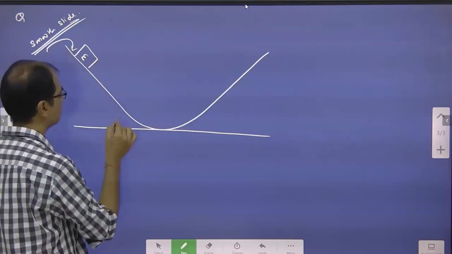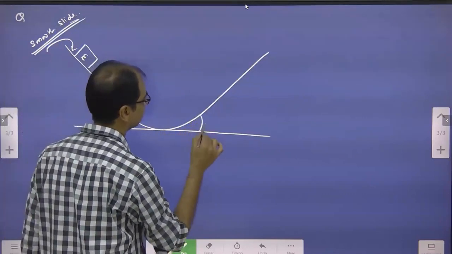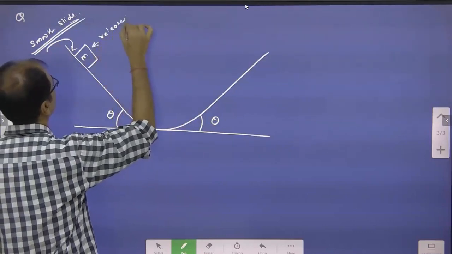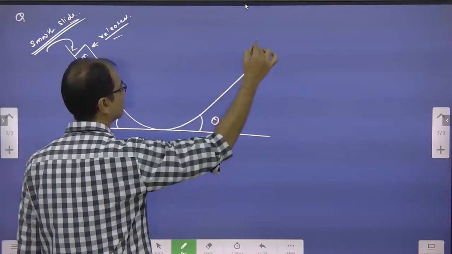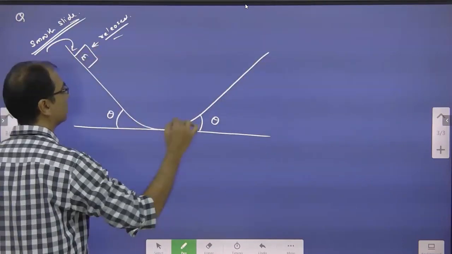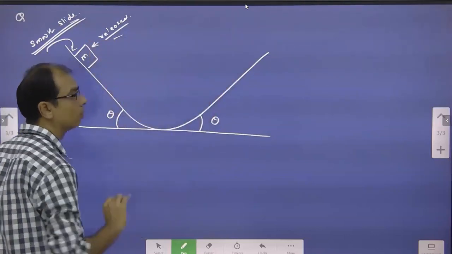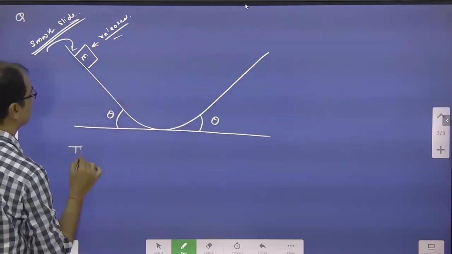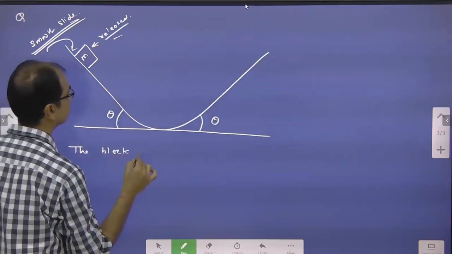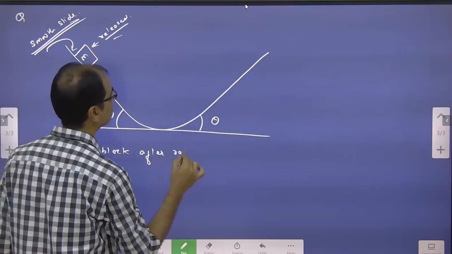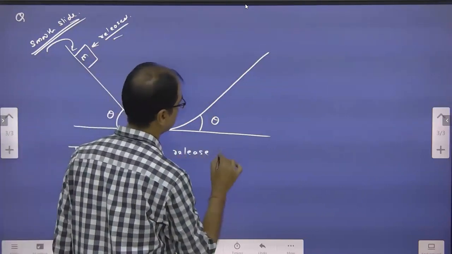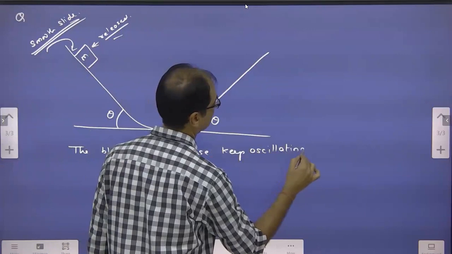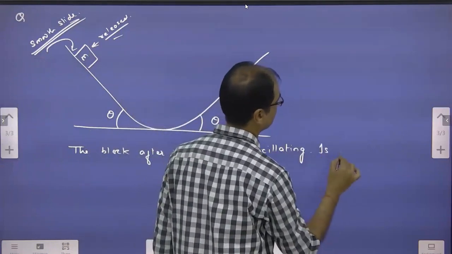The angle here and the angle here are exactly the same. Released. The block comes over here, goes that side, then comes back, goes this side, and keeps on oscillating. Is it SHM?